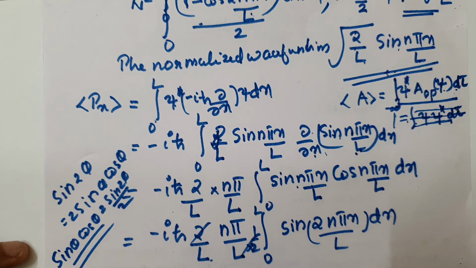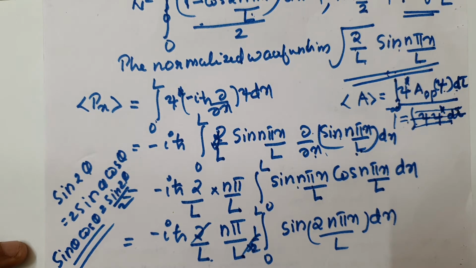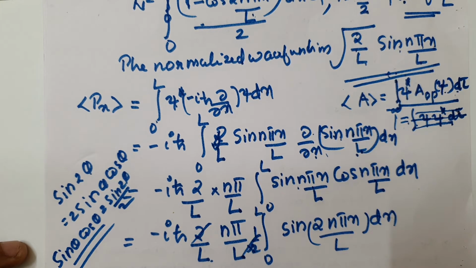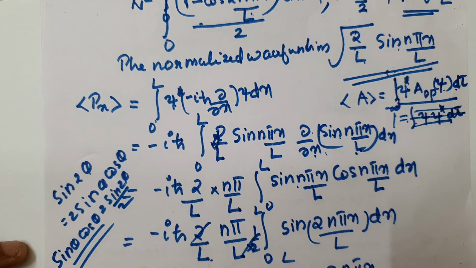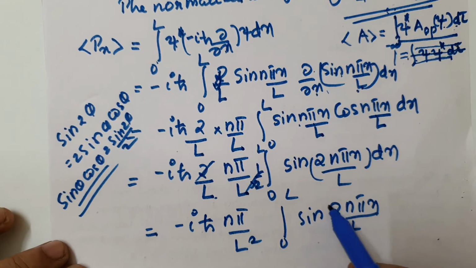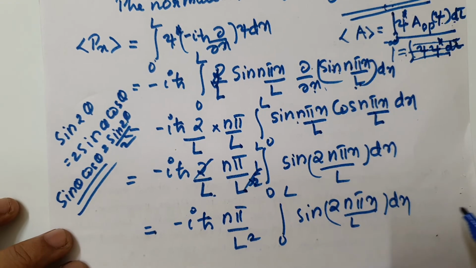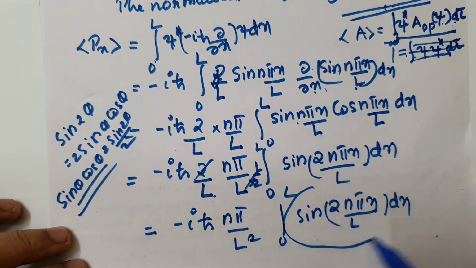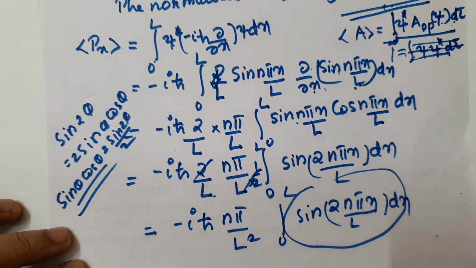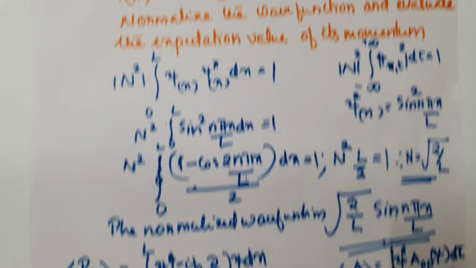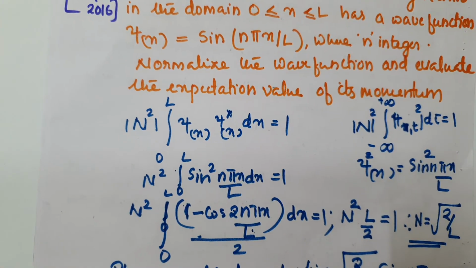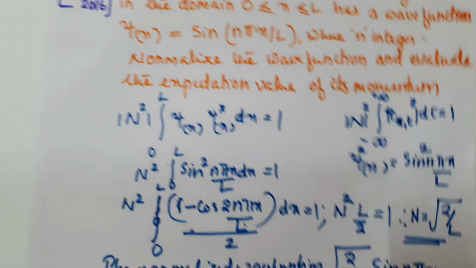Then it will be minus i h cut n pi by L squared, integral 0 to L of sin(2 n pi x by L) dx, and this value is 0. That is, the expectation value of the momentum is 0.